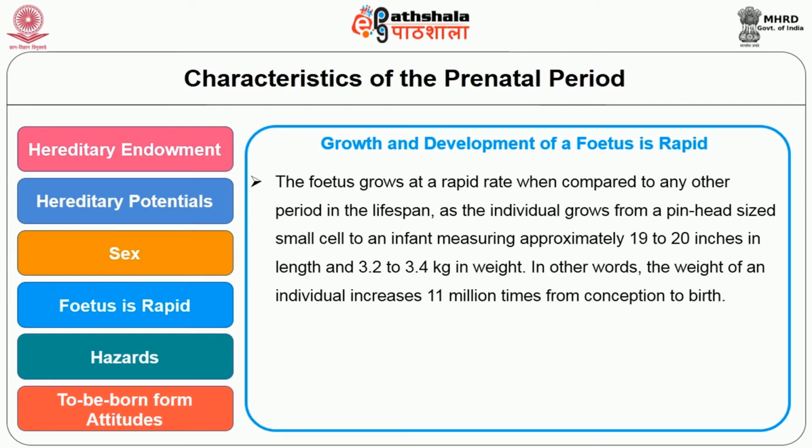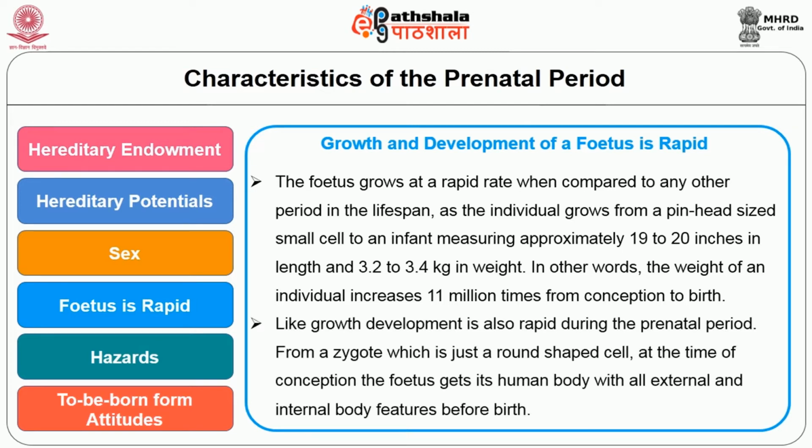The fetus grows at a rapid rate when compared to any other period in the lifespan, as the individual grows from a pinhead-sized small cell to an infant measuring approximately 19 to 20 inches in length and 3.2 to 3.4 kg in weight. In other words, the weight of an individual increases 11 million times from conception to birth.